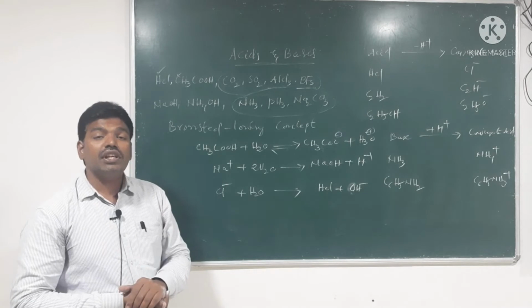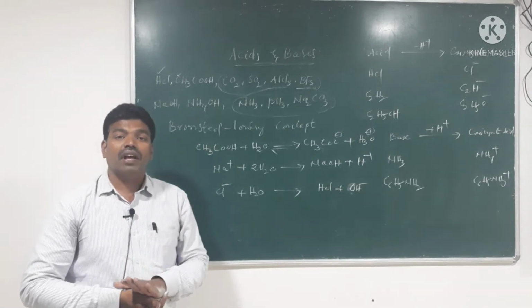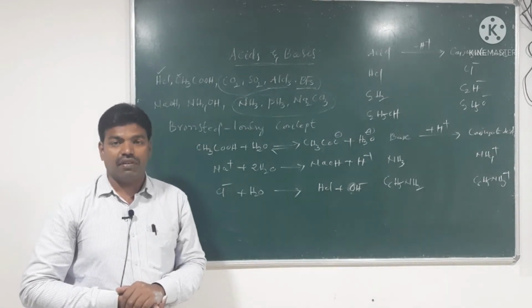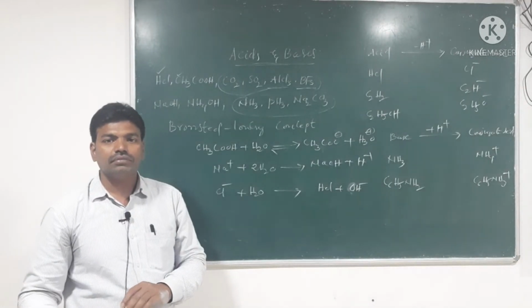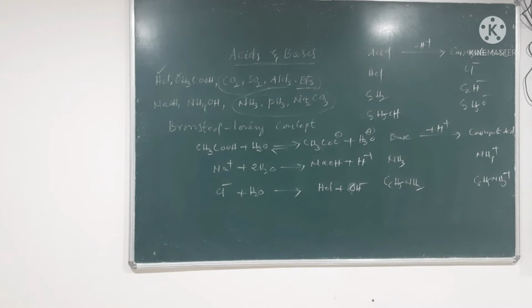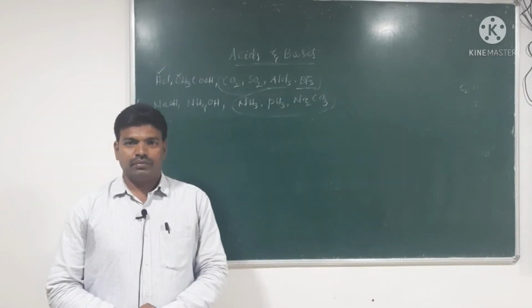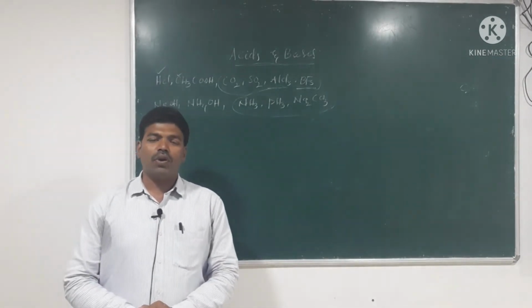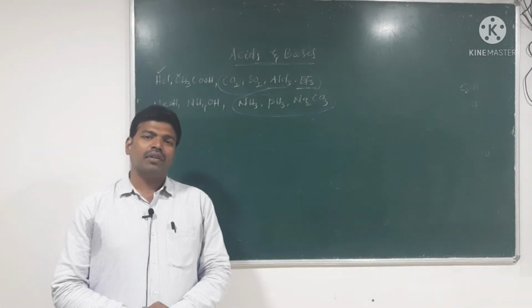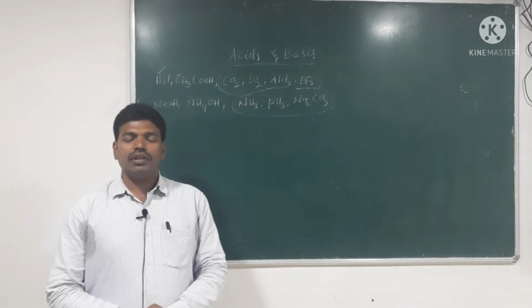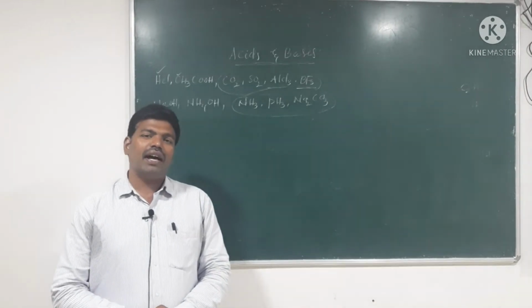So the Bronsted-Lowry theory also fails to explain the limitations of the Arrhenius theory.